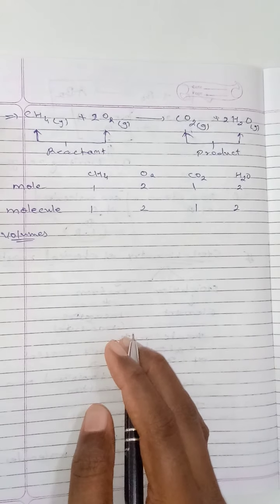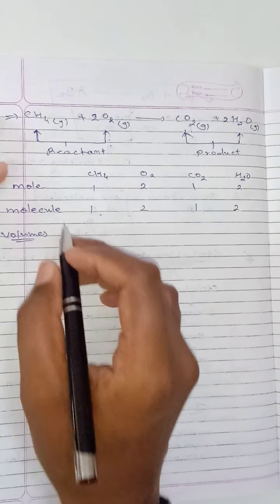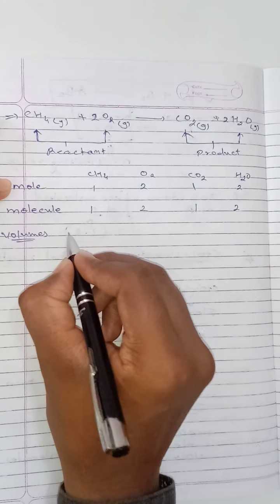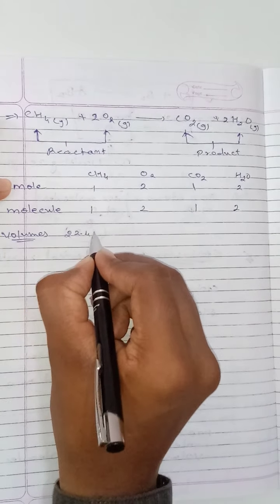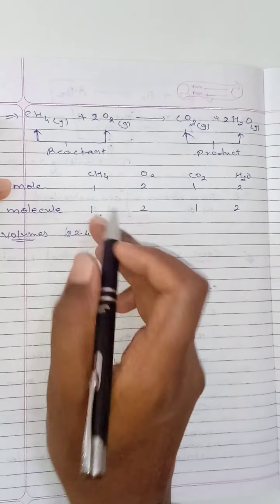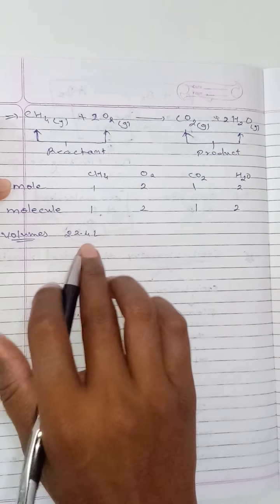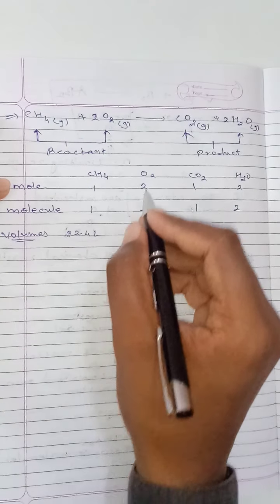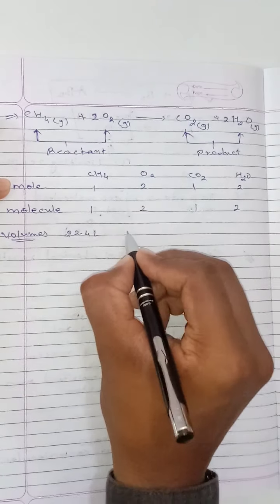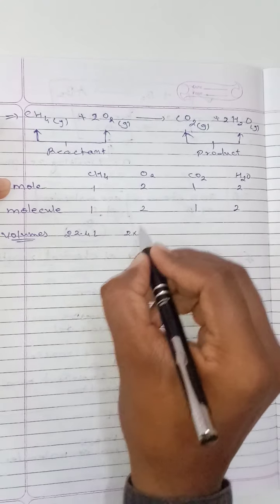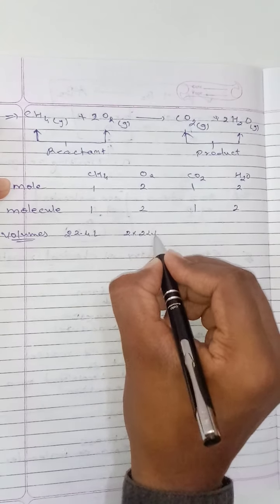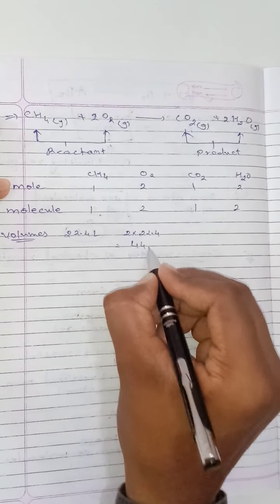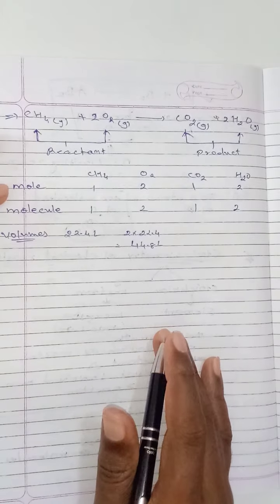Then another piece of information regarding volumes. Here 1 mole of gas is equal to 22.4 liter, which means here the volume is 22.4 liter. Here 2 mole multiplied by 22.4 liter is equal to 44.8 liter.